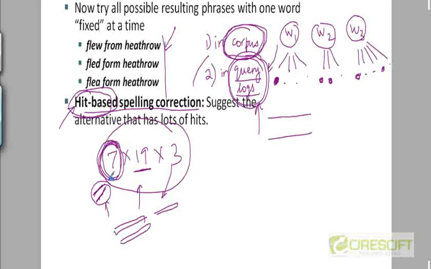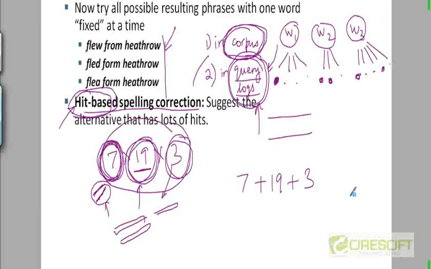Just correct the first word and generate the seven possibilities. Then correct only the second word and generate 19 possibilities. Then correct only the third word and generate three more possibilities. In that case, you will have 7 plus 19 plus 3, which is what somebody was saying a few minutes ago. Right?